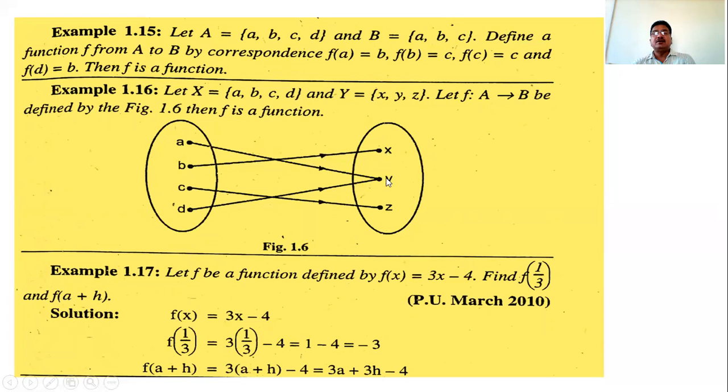Y has two pre-images. An element may have two or three pre-images, as long as each has at least one. The pre-image of z is c. So this function is surjective, or onto.